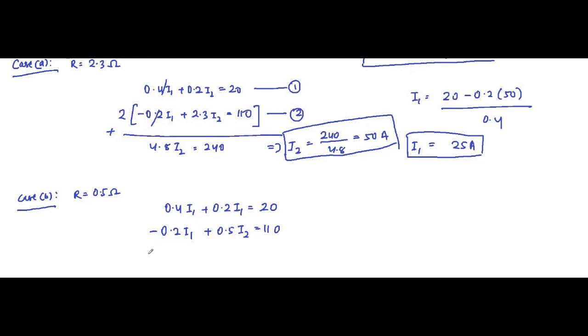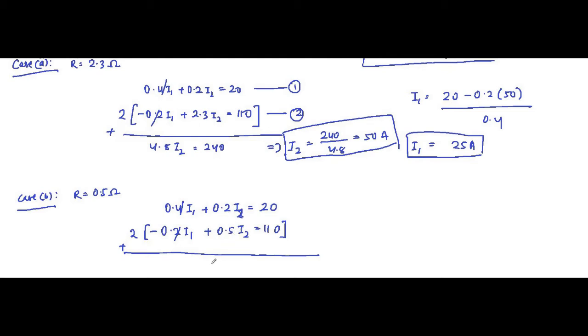Then the same procedure, variable cancellation. We multiply this with 2, add them together, and I1 gets cancelled. This will become 2 into 0.5, which is I2.